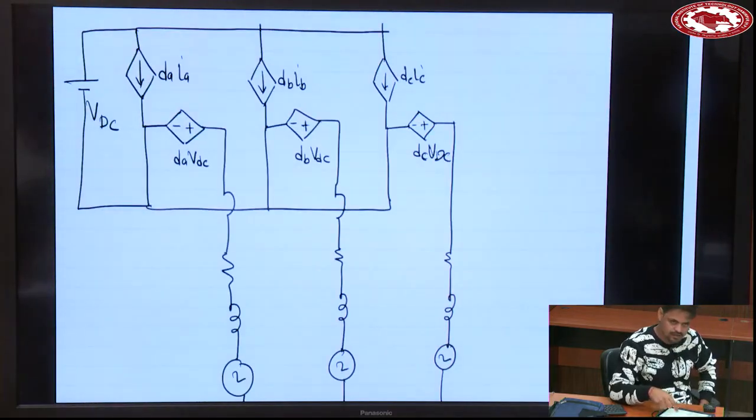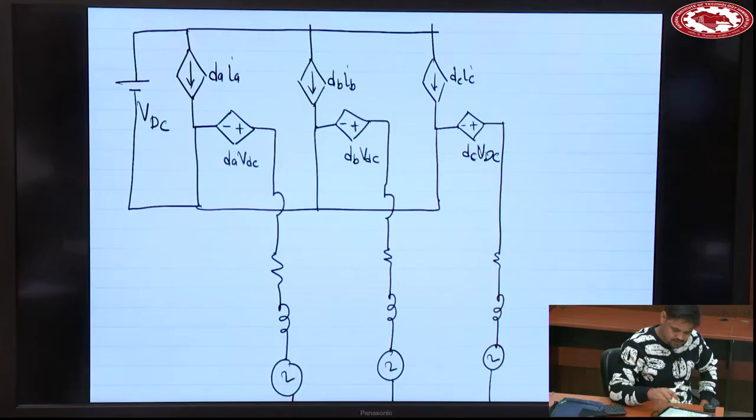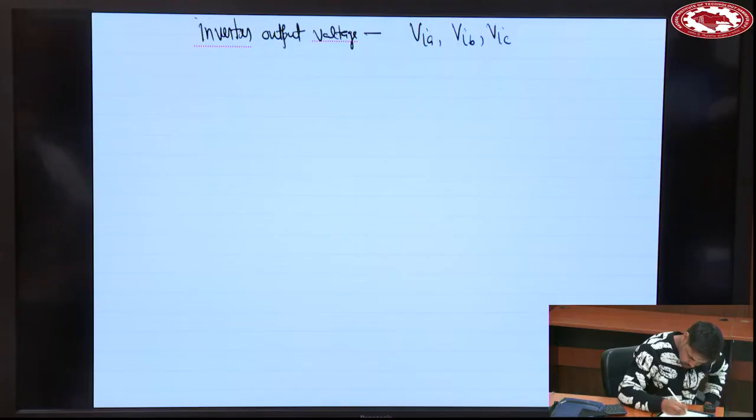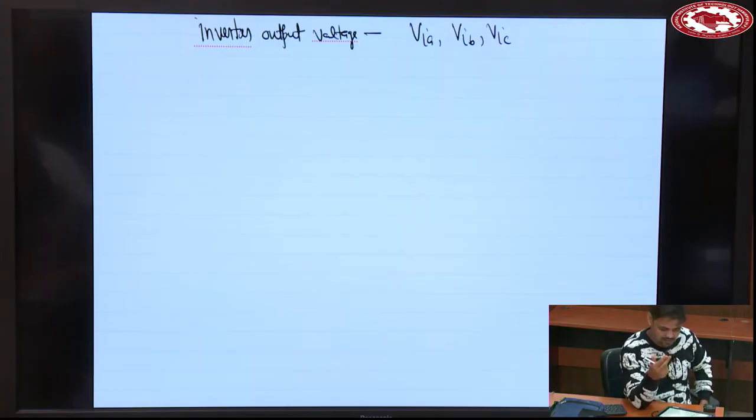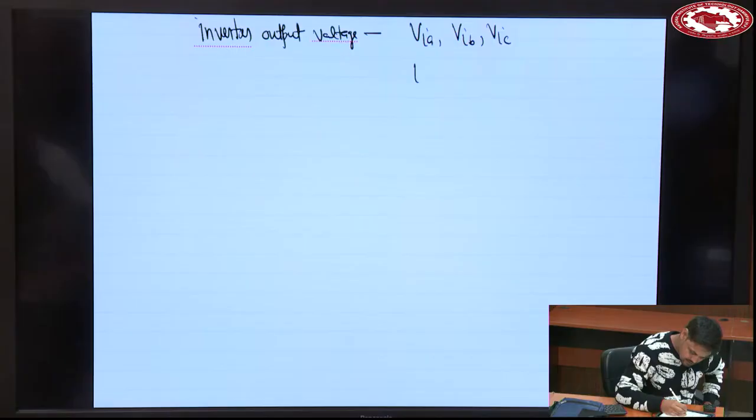If you see the mathematical equation here, suppose the inverter voltages are VIA, VIB, VIC, where VIA is dA VDC, VIB is dB VDC, VIC is dC VDC, and the output currents are IA, IB, IC.